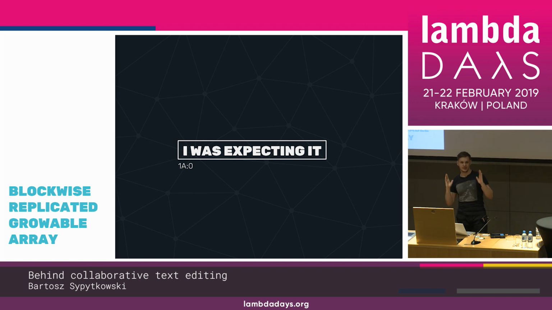Here, we can apply it as a single block of text. So let's say that we want to insert a new word somewhere inside this block of text that we already have. We basically tell it that we want to insert a new block inside the block that is identified by 1A at offset 5.